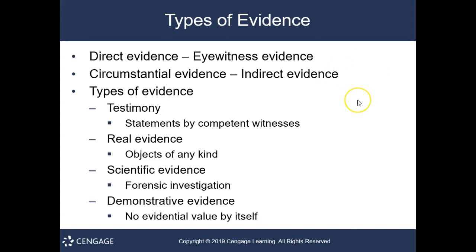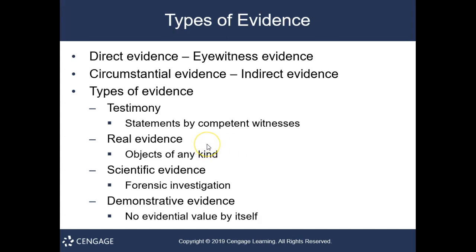Let's look at types of evidence. First, there's testimony. These are competent witnesses who come in and testify as to what they heard and what they saw. There's real evidence, which are physical objects of any kind. It would be the gun, the murder gun, some residue of one sort or another from the scene.